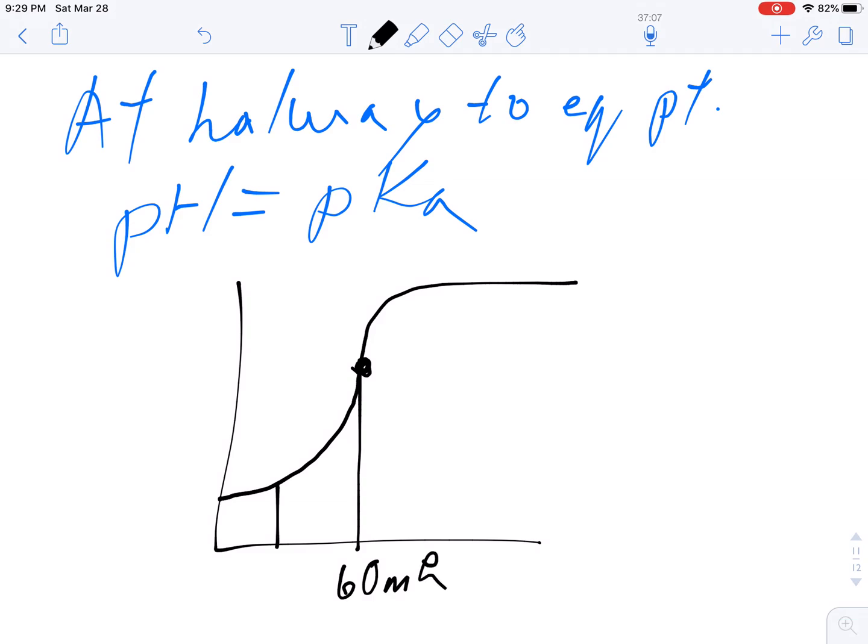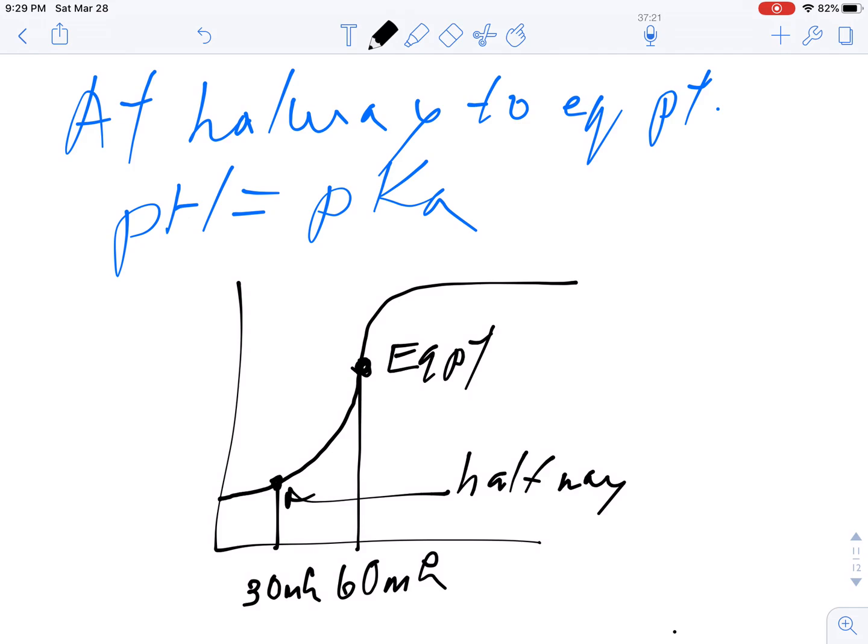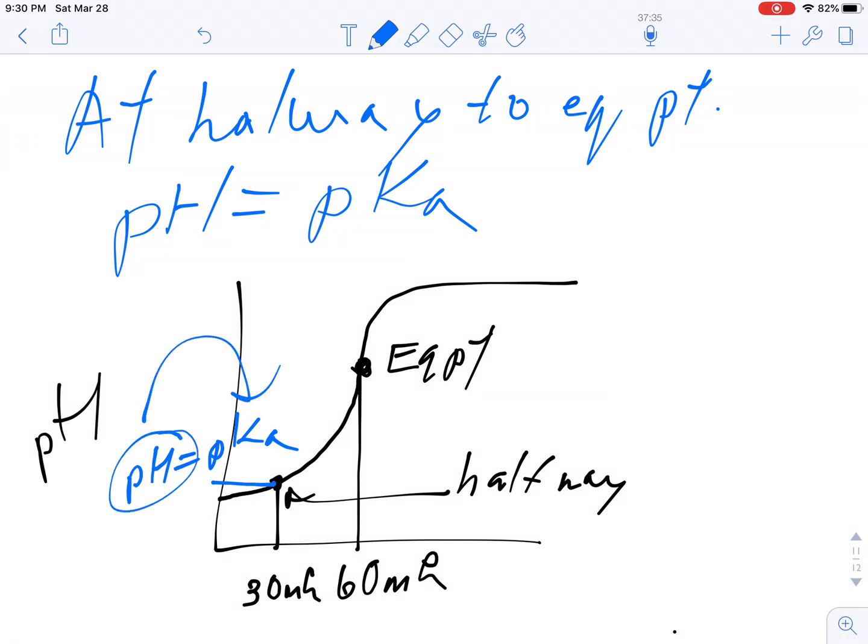Well, then I know that at 30 mils would be the halfway point. So this would be the equivalence point. That would be halfway. Well, the pH at halfway is equal to the pKa. So what you would do is you would measure the pH and then calculate the Ka. That's how they find the Kas.